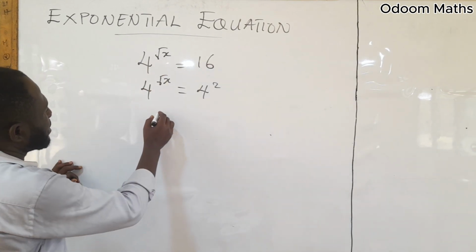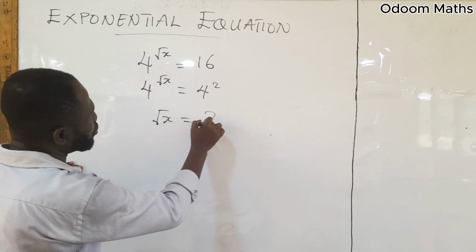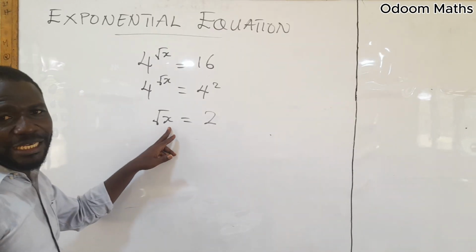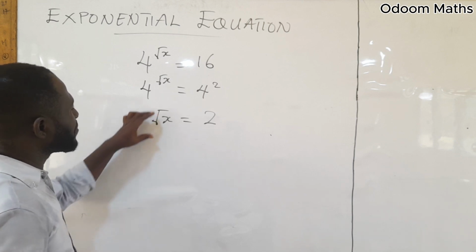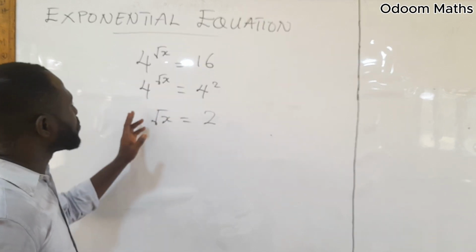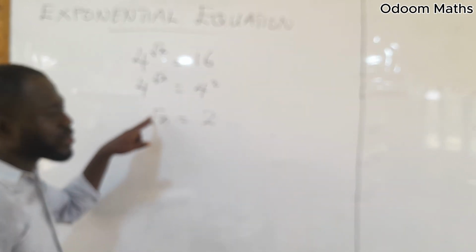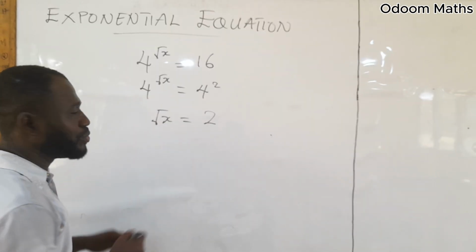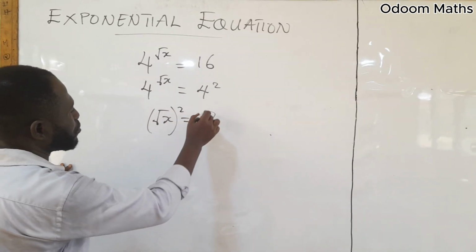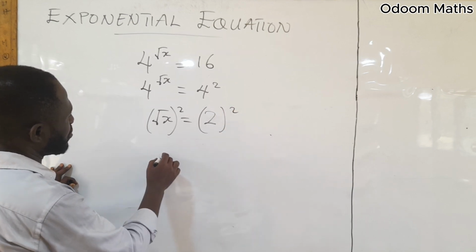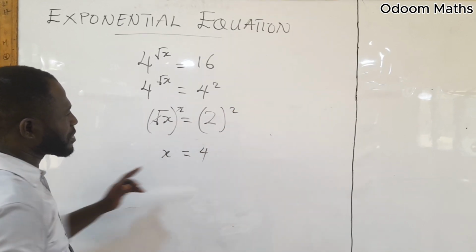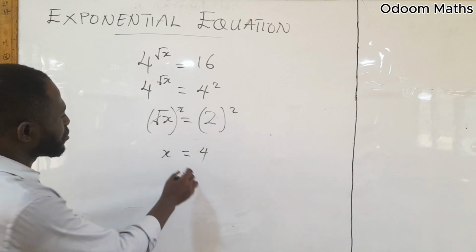So root x is now equal to 2. Then we need to find x. When we have a square root of a variable, we put the square on both sides, or we raise both sides to a power of 2. This will take care of this one. Then x becomes 4 because 2 to the power 2 is 4. So the answer is 4.